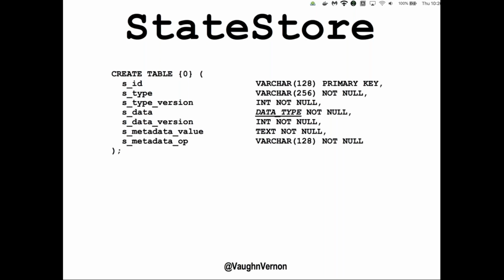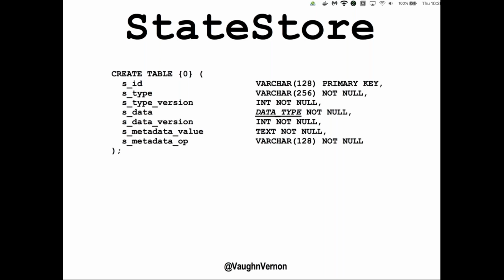The type is the state type, for example, the fully qualified class name of the entity state type, such as product state, which can be up to 256 characters. Then the type version is an integer that says this is the version of the type.